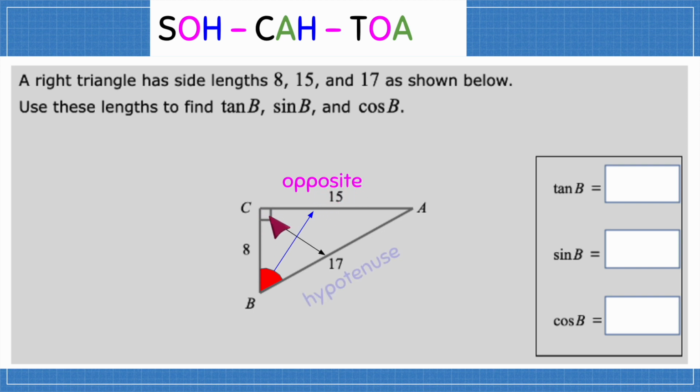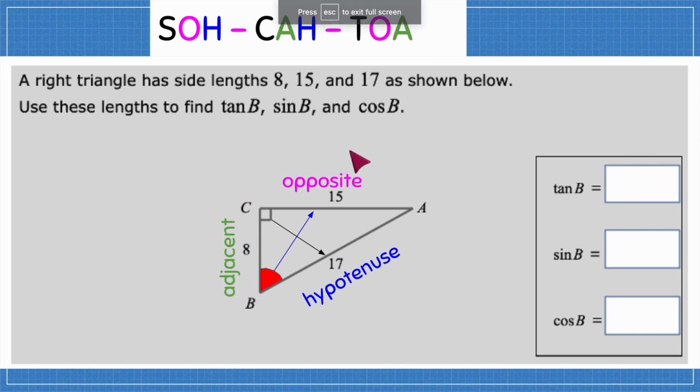My 90-degree angle here is C, so 17 is my hypotenuse, which makes 8 my adjacent side. I like to label opposite and hypotenuse first because they're easier to label. Adjacent is the other side that's next to the angle.